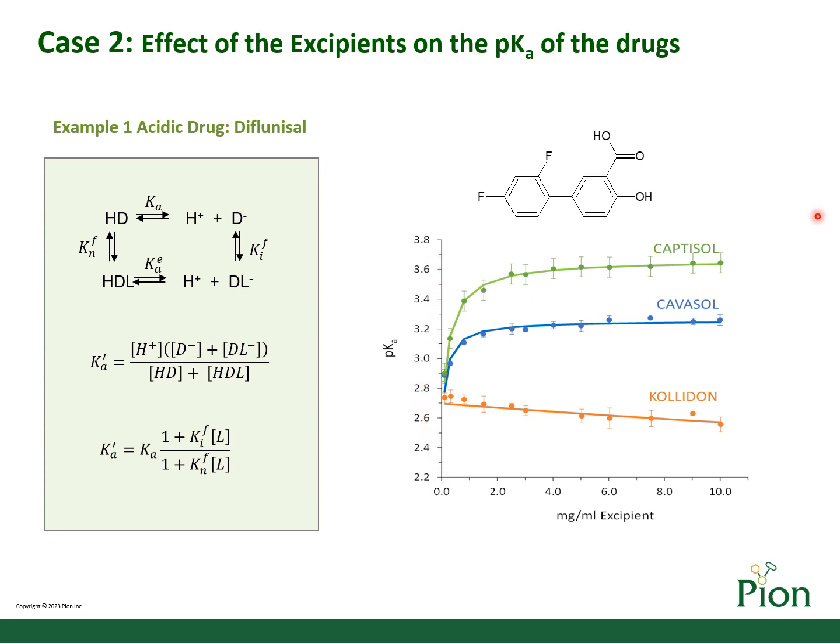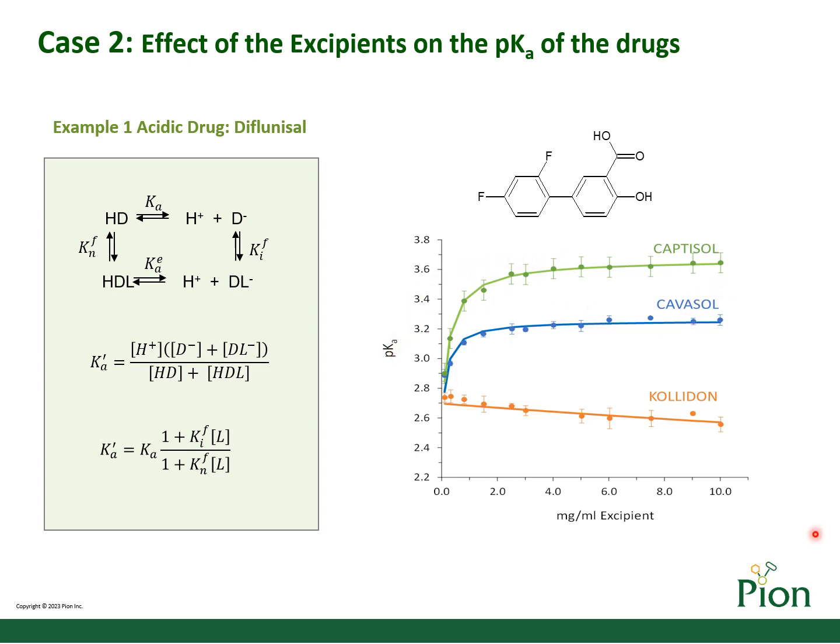For diflunisal, the increase of the concentration of the cyclodextrins Kleptose and Captisol shifts the pKa to a positive increase, to a higher pH, which confirms that the neutral species of diflunisal is interacting with the cyclodextrin, decreasing the concentration of the neutral species in solution and so disturbing the aqueous equilibria of the drug. As I previously mentioned, Captisol has a bigger cavity and so we can observe a greater interaction, a higher effect of the pKa shift than Kleptose.